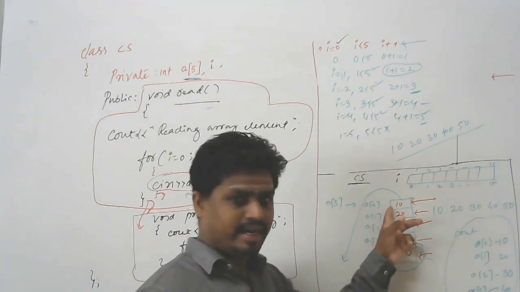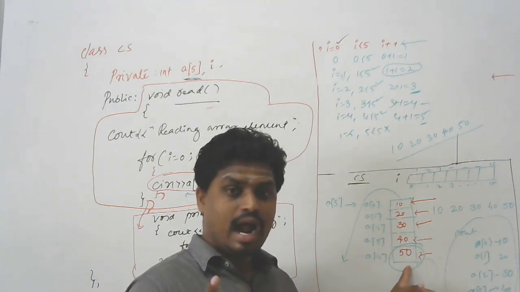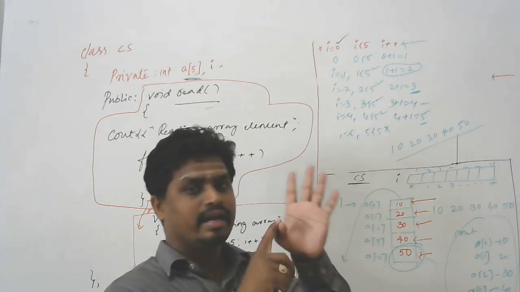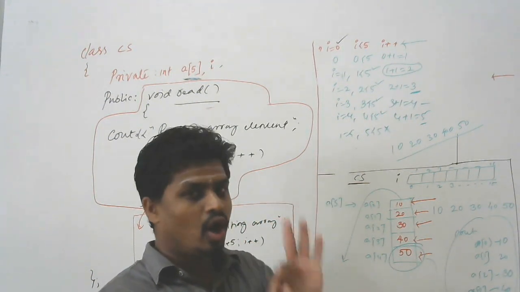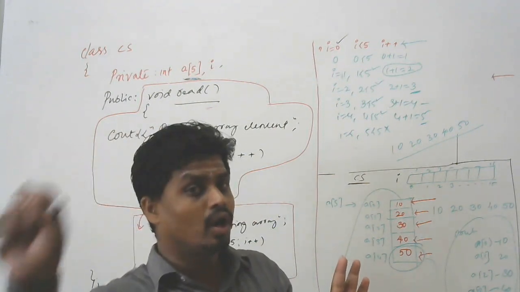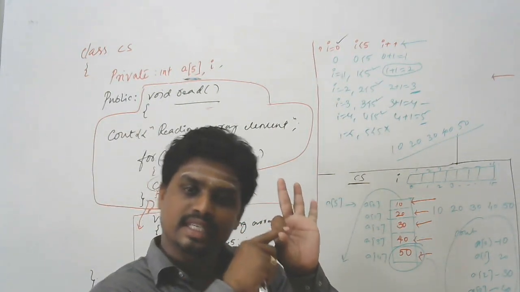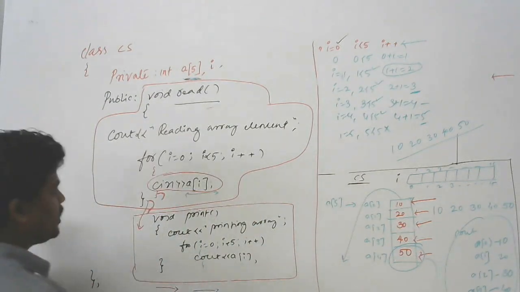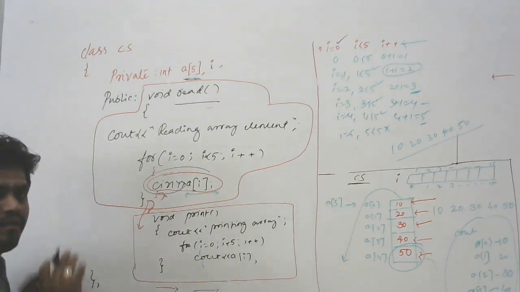Until the condition matches or it visits all the blocks, the compiler will not come out of the looping block. Once it matches the condition or visits each and every memory block, only then will the compiler come out of the block and then the function.